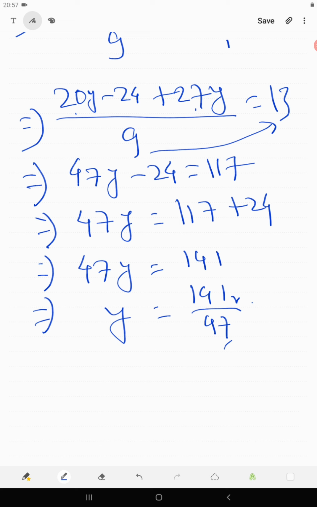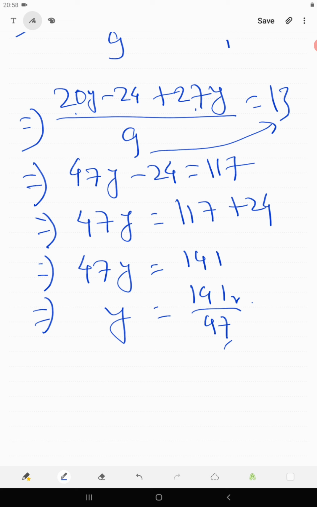So check in the 7 table whether any multiple of 7 has unit digit 1. What I mean to say is, like 7 3s are 21, correct? 7 3s are 21. So 1 is the unit digit in 21, correct? So we have seen that 7 multiplied with 3 has a unit digit 1.